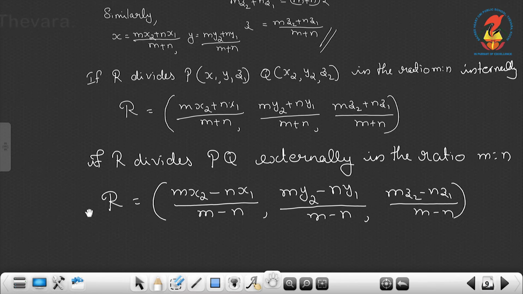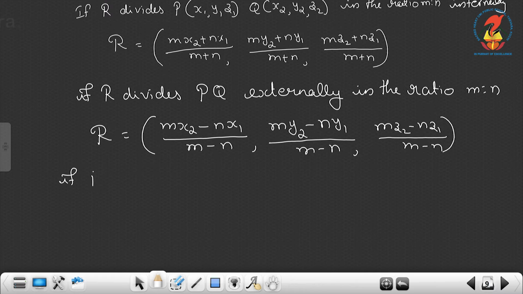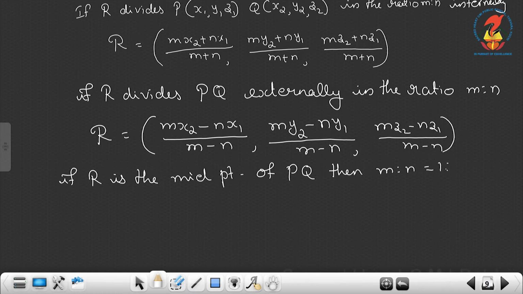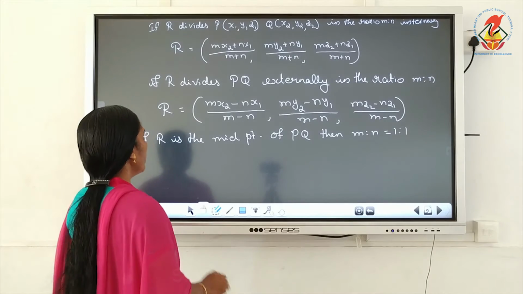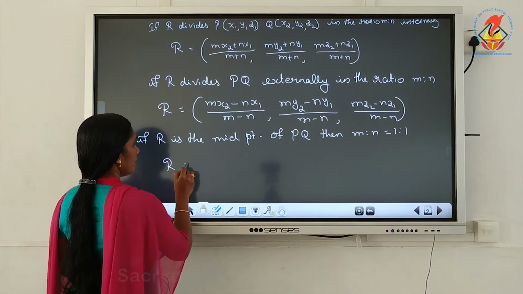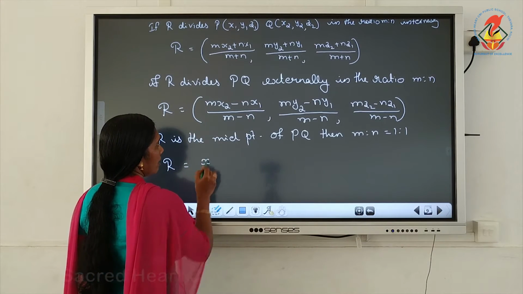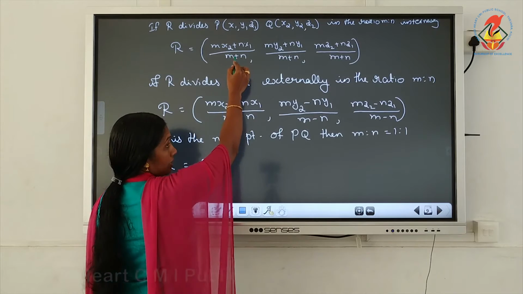Now, if R is the midpoint of PQ, then m is to n becomes 1 is to 1, isn't it? R is the midpoint of PQ. Then what about the coordinates of R? Internal division, okay?